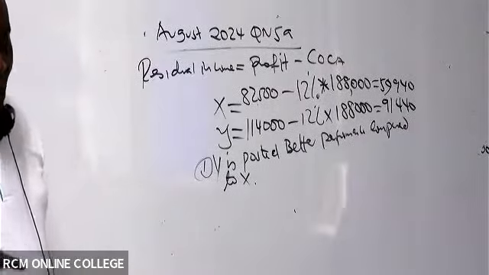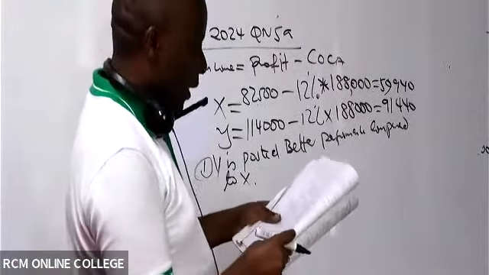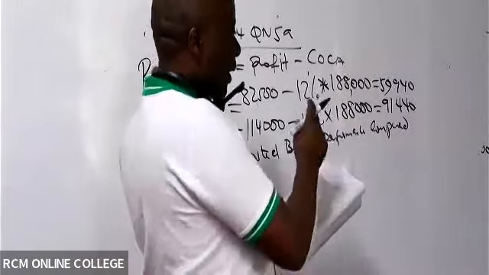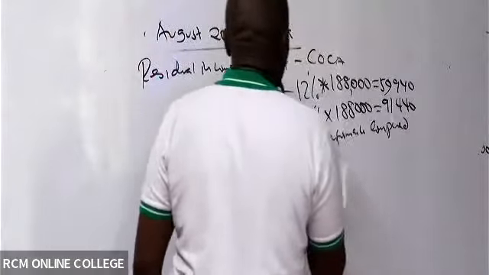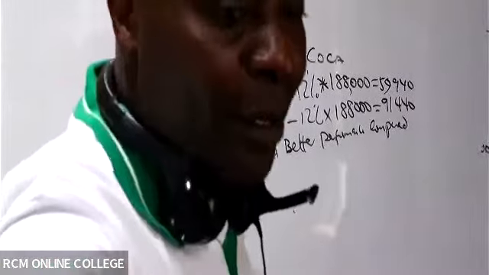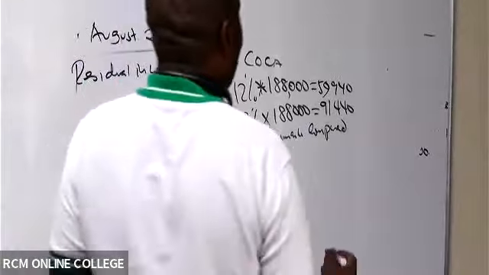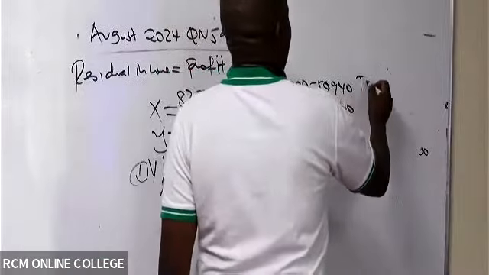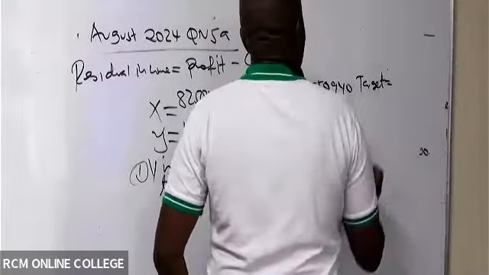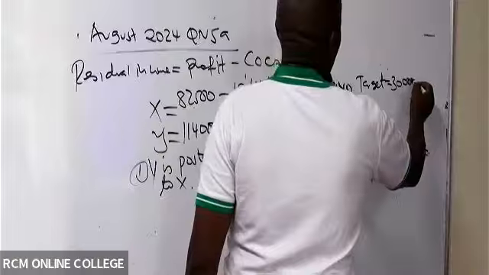Do we have any targeted residual income? Yeah, you can see residual income targeted in terms of thousands, because these figures are in thousands. You can just be creative. So for X the target residual income is 30,000, because I have to put this in thousands.